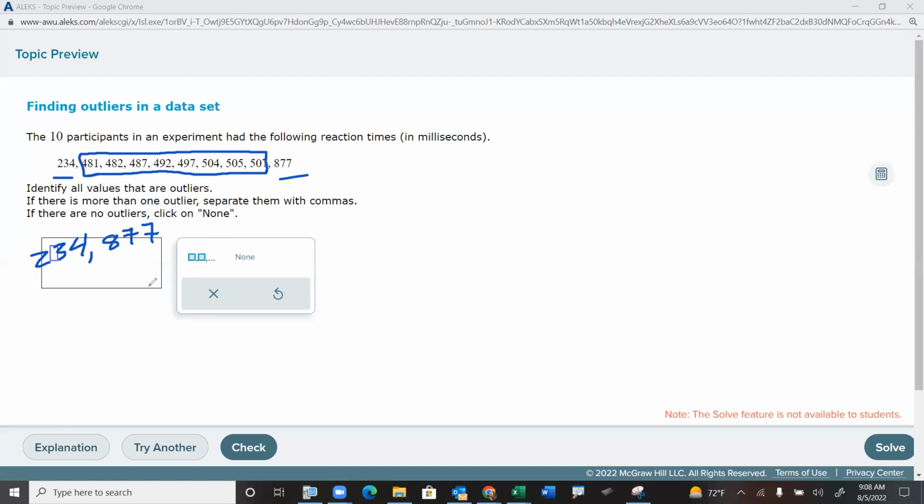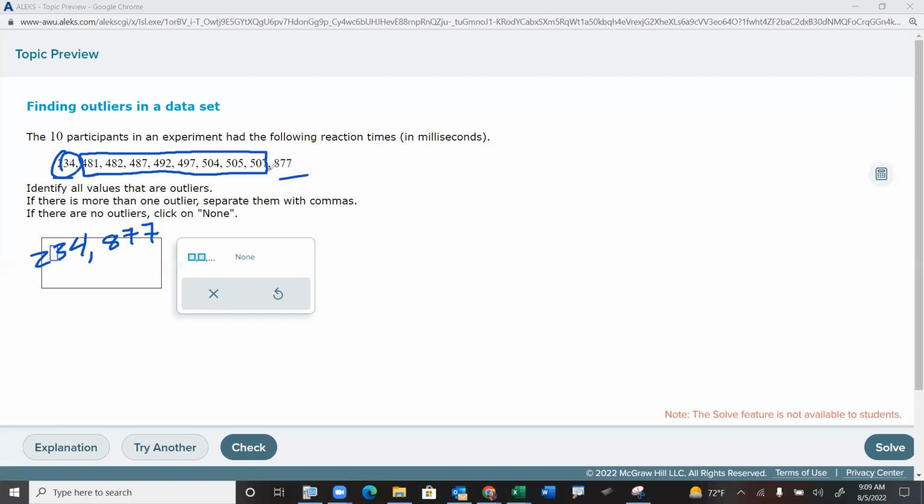Like we saw a few moments ago, if you have an outlier, that can really throw off your mean. However, if you have one really high and one really low, well, when you're calculating the mean, they'll kind of average each other out. So if you have a high and a low, they might not affect the mean very much. Maybe. But again, it depends.